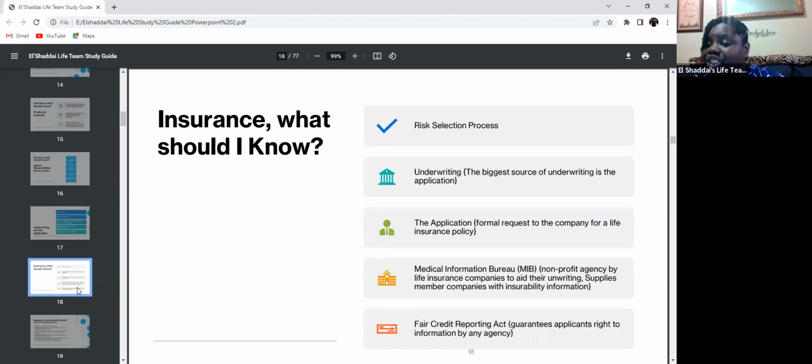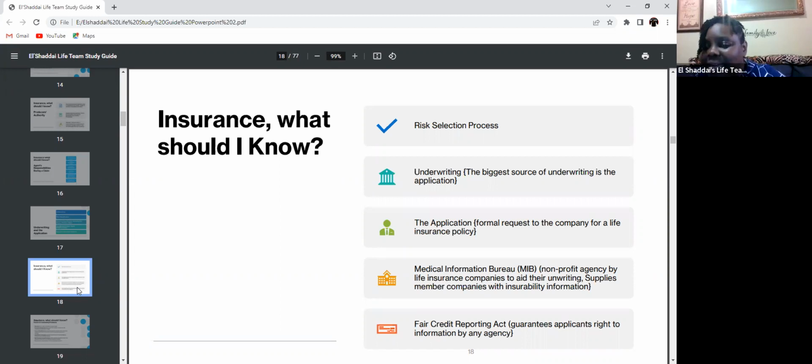Medical Information Bureau. What's that? It's probably got medical information in it. Yep. The Medical Information Bureau is a nonprofit agency formed by life insurance companies to aid in their underwriting. So life insurance companies can go through the MIB to find out what kind of pills I'm taking, what kind of diagnosis I have.